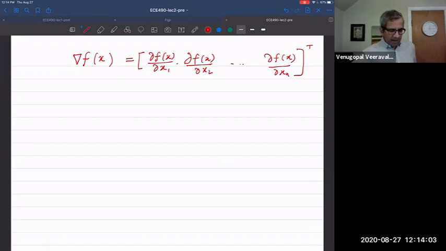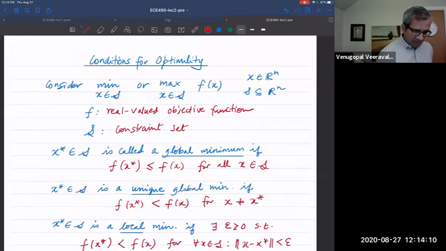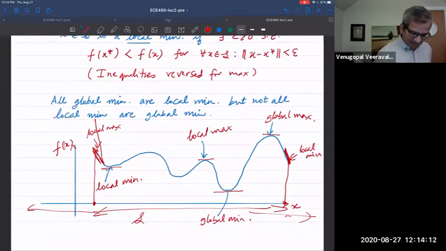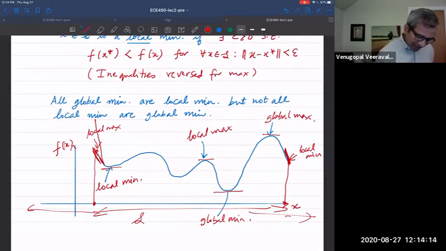There's another quantity which will play a role as well, and we know something about that from your undergraduate calculus class. So what property does this minimum have? The gradient is 0, but what other property does it have in terms of derivatives?